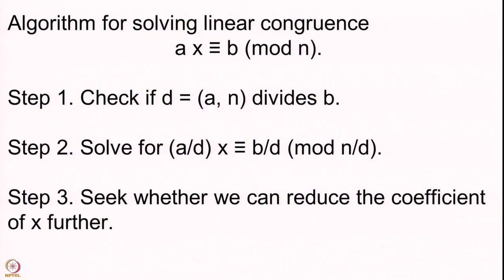So, we have this algorithm once again for your reference. Check if the D, which is the GCD of A and n, divides B. No means no solution. Yes, then proceed further.